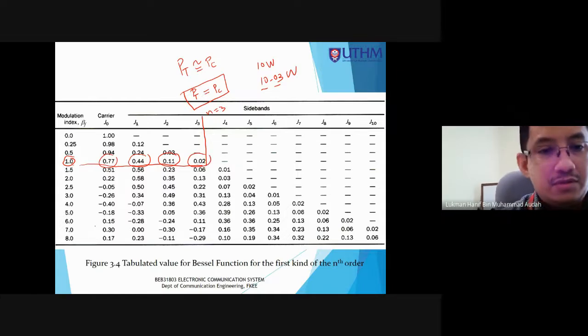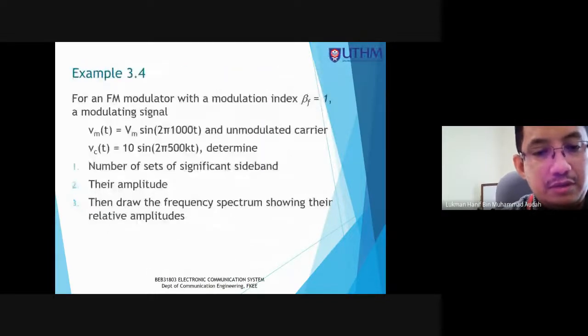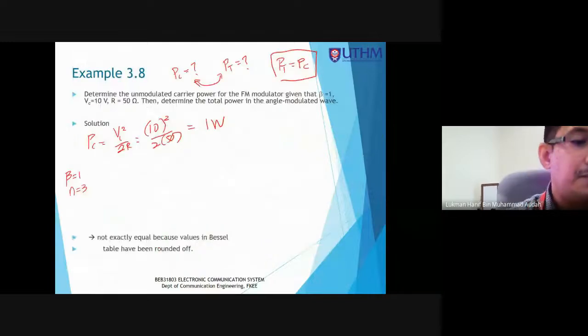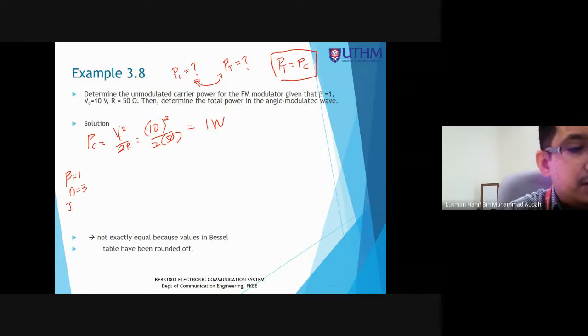Okay, so I go back to the slide. Saya kembali kepada yang ni. So that means we have 3 significant sidebands, and the carrier component J0 is 0.77.